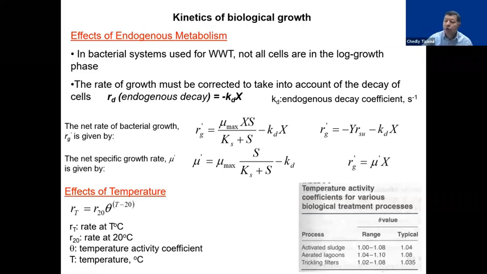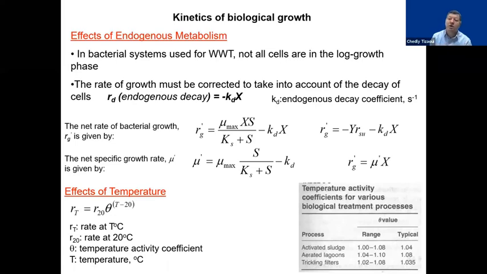In addition to the growth of bacteria, you also have decay. If you remember, when you don't have sufficient food for the bacteria, you will have a decay phase. So there will be decay of the microorganisms, and that decay is represented by another first order term with a minus sign because you are decaying the bacteria. The rate constant for that decay is Kd, so that also needs to be taken into account.